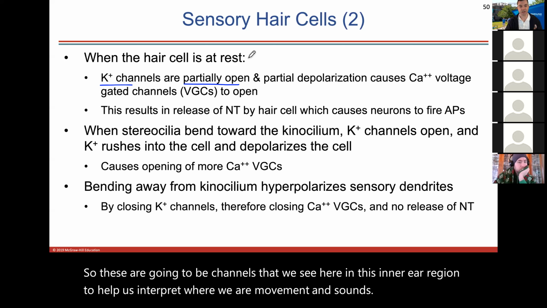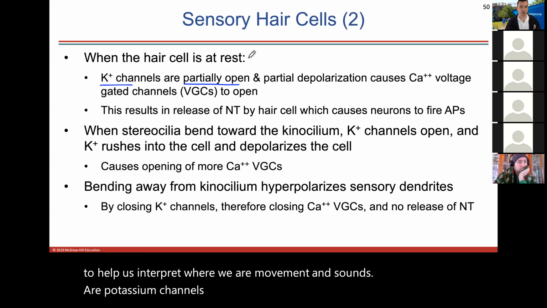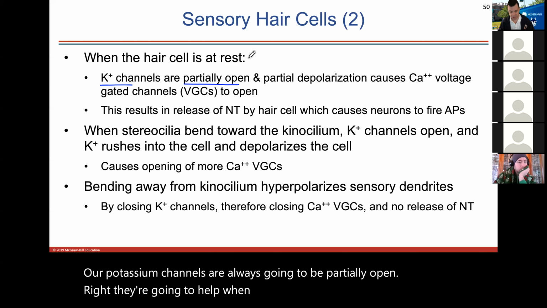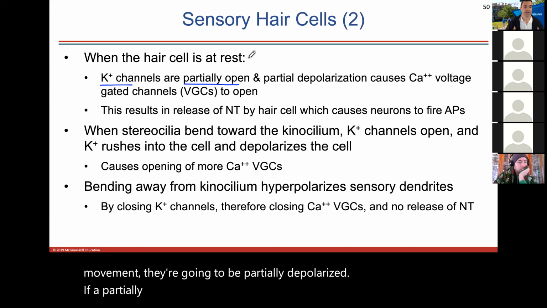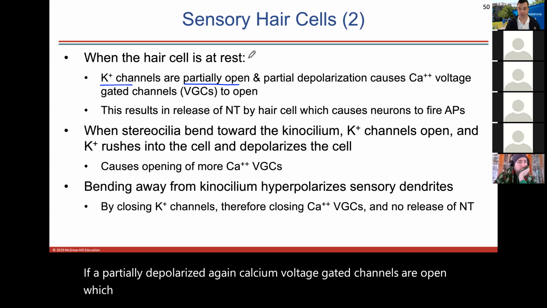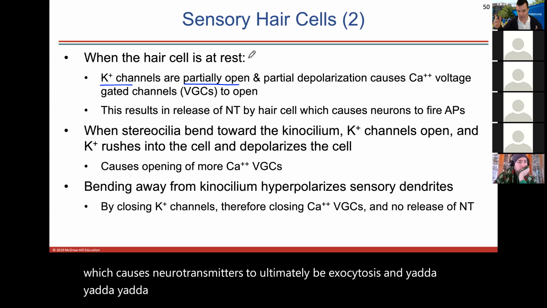Our potassium channels are always going to be partially open. They help with the interpretation of movement. They're going to be partially depolarized. If I'm partially depolarized, calcium voltage-gated channels are open, which causes neurotransmitters to ultimately be exocytosed, and so on, the same thing we're going to be looking at 1,000 times.